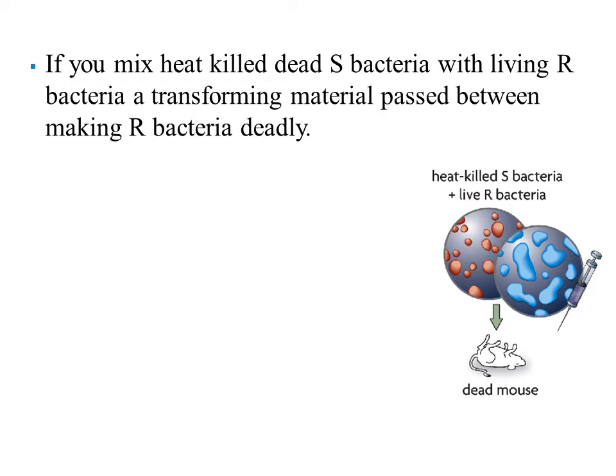As you see in the image, the mouse died. So the rough bacteria is not supposed to kill, but it did in this image. Why? Because it picked up something that was left from the dead heat-killed bacteria.